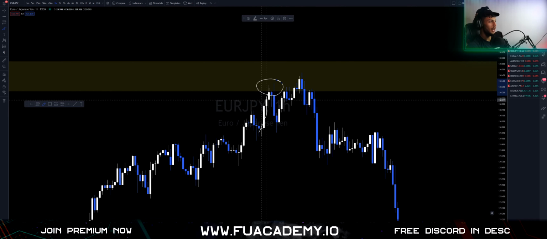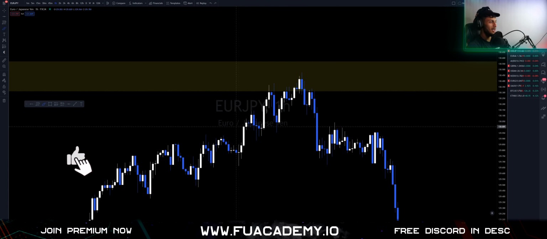Now here is why I wouldn't have gotten in on this institutional candle. What we usually say is we're looking to get in on a re-entry on the lower time frame. Basically, we're trying to look at a lower time frame institutional candlestick to get in on. Here's the issue with why I wouldn't have taken this one. Break of structure: I need my most recent higher low that's formed to be broken in order for it to be considered a break of structure. In this scenario, I would want either here or here.